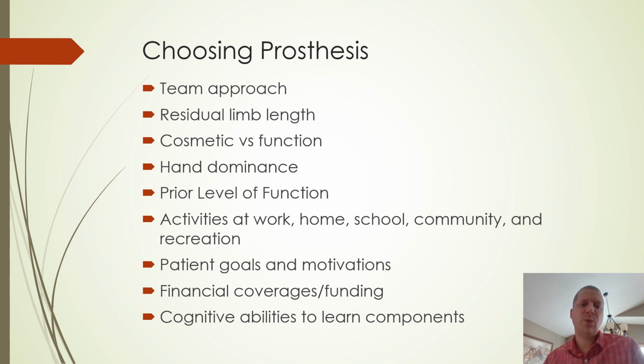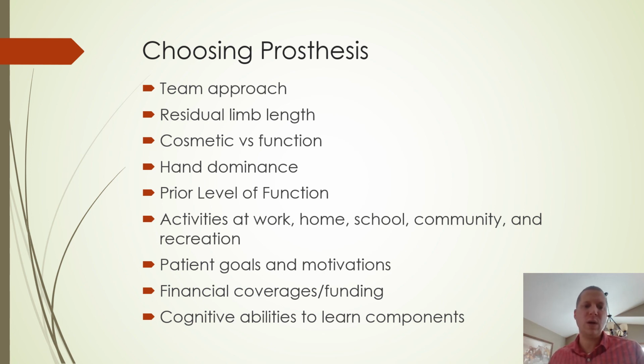Considering what the client's prior level of function was would also help you determine cosmetic or function, which is important. So in the upper extremity video, there's a guy who's rock climbing, right? And he's like, yep, it needs to be rugged, it needs to do this, it needs to do that.